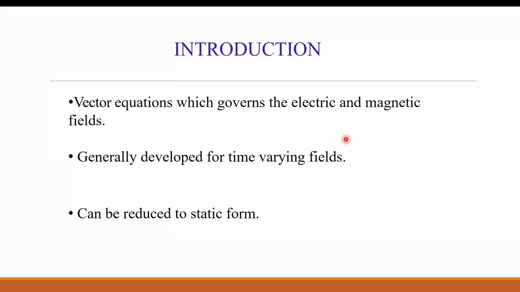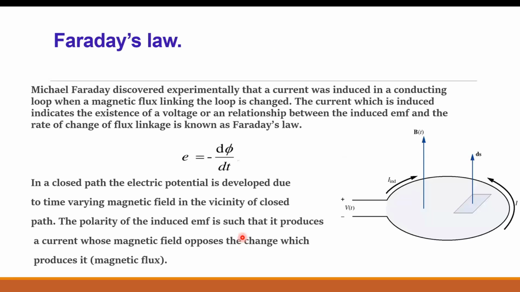So we'll start with the first law, that is Faraday's law, and we have seen it is used in the principle of transformer. So what is done in the transformer? When we apply an AC electric field to the primary windings, some current flows through that primary coil, and when the current flows in the primary coil, a magnetic field is induced surrounding that coil, right?